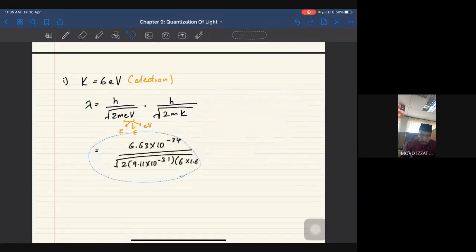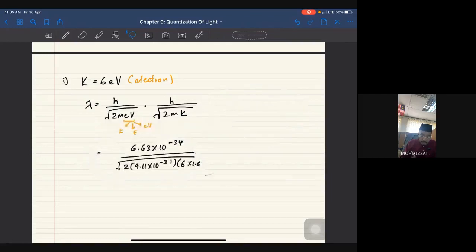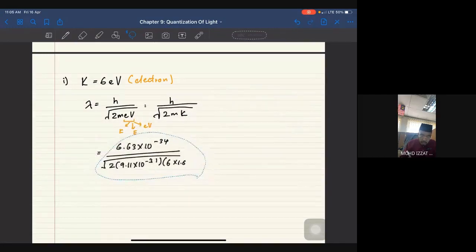Why do I have to multiply with 1.6? Because that one's in eV, I have to convert to joule.